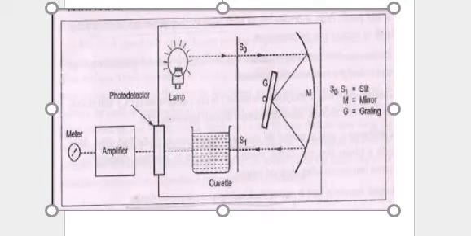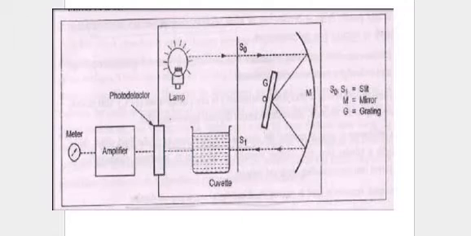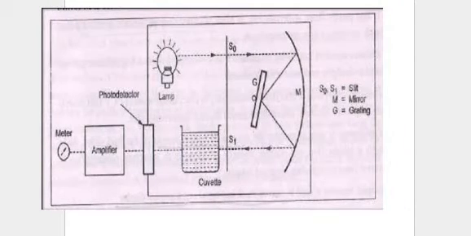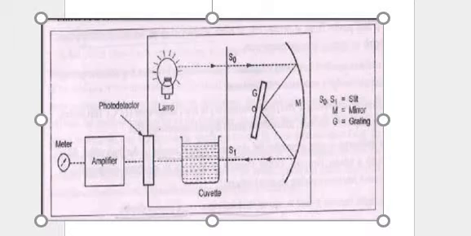The sample solution absorbs some amount of light, and the remaining light is transmitted through the solution and detected by the photodiode.